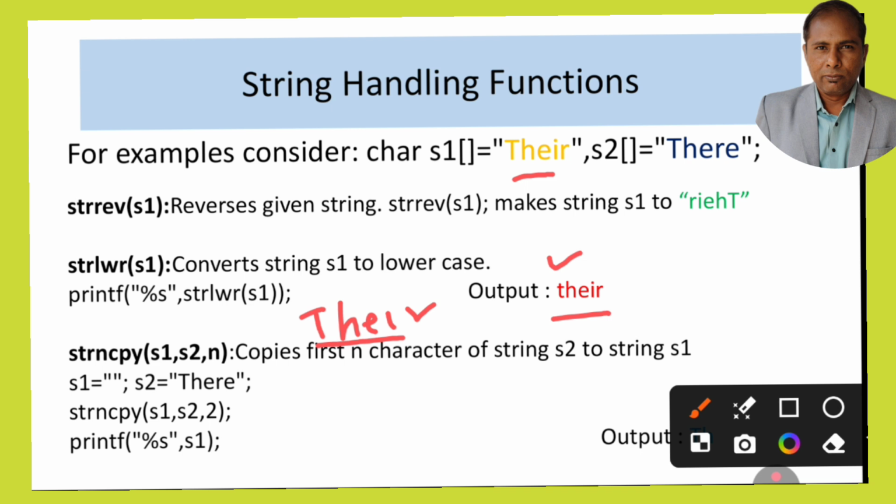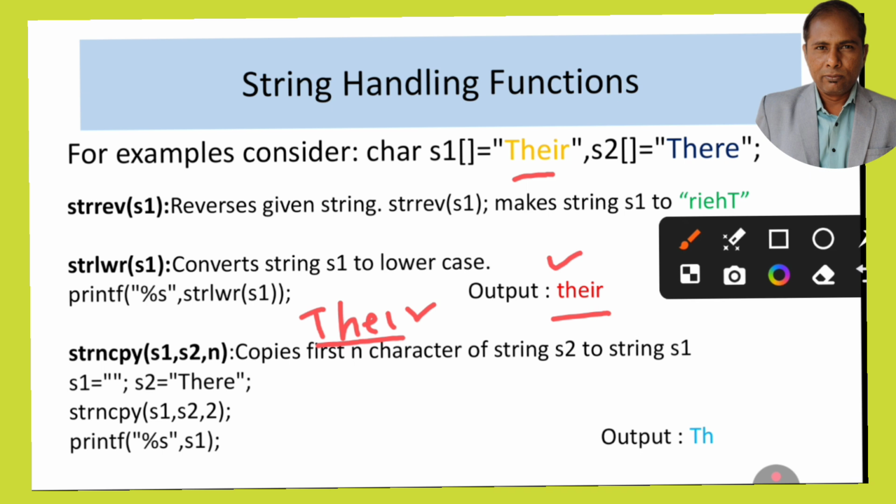Now, if we talk about another function, that is strncpy. Strncpy will copy a number of letters. It means that if we do not want to copy the complete string, we can copy only the number of characters we want. Here n is the count of the letters you want to copy.